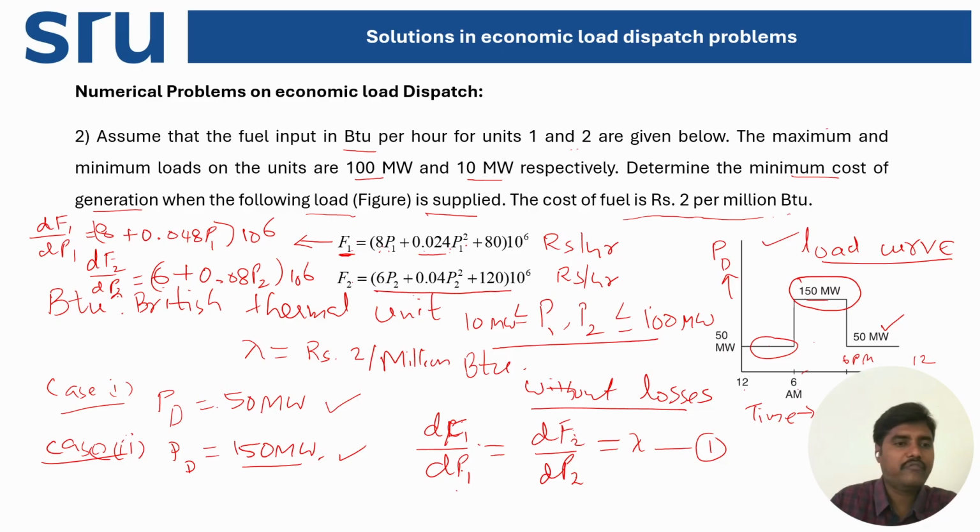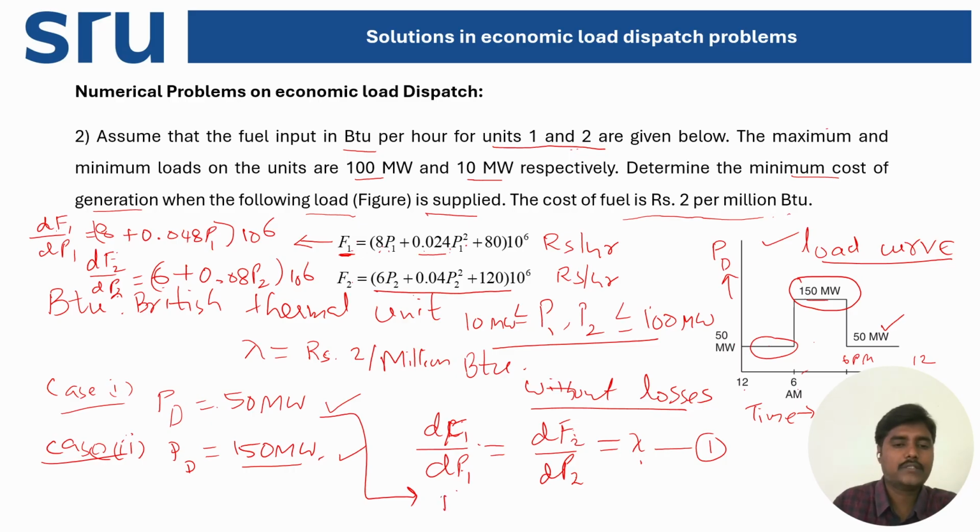Now we have dF1 by dP1 and also dF2 by dP2. You can substitute here, and we also have the lambda value, that is rupees 2 per million BTU. At the same time, for case 1, we can write that the total demand has to be supplied using both units 1 and 2.